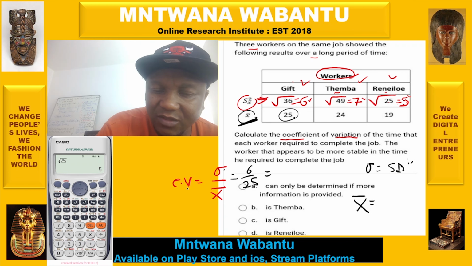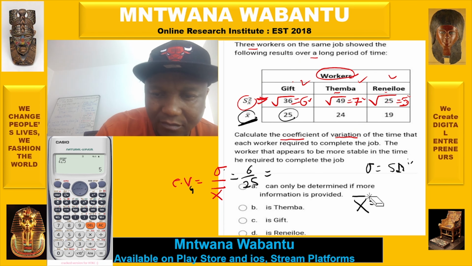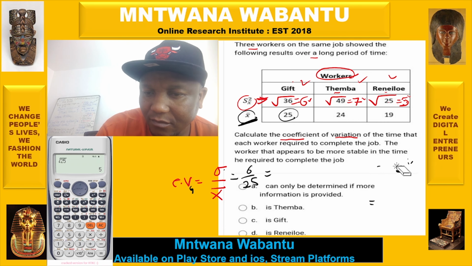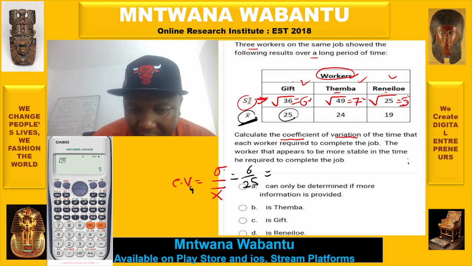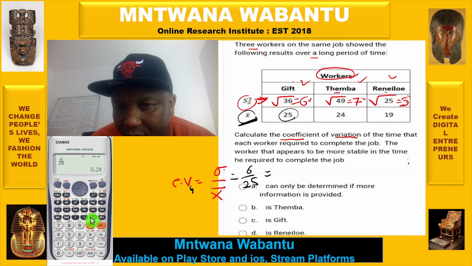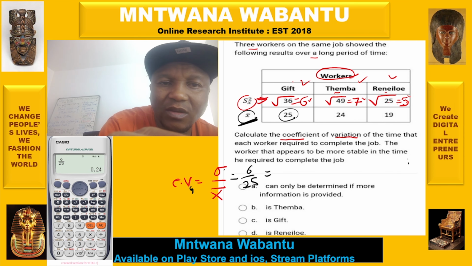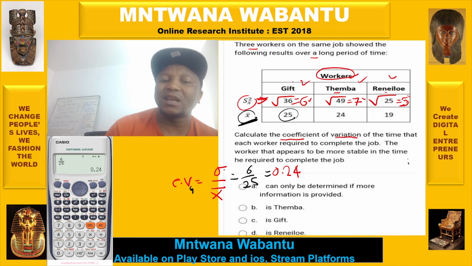So coefficient of variation for Gift is 6 over 25. Let's plug it into the calculator: 6 over 25 is 0.24.